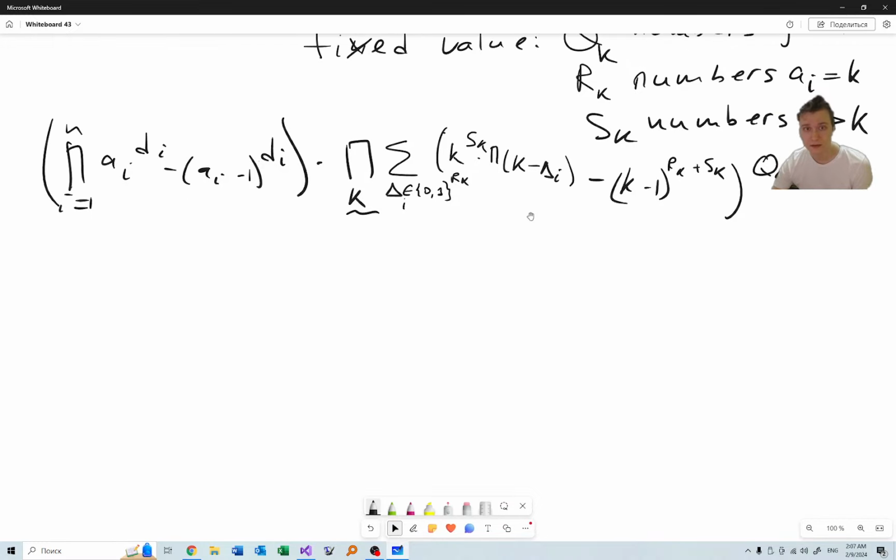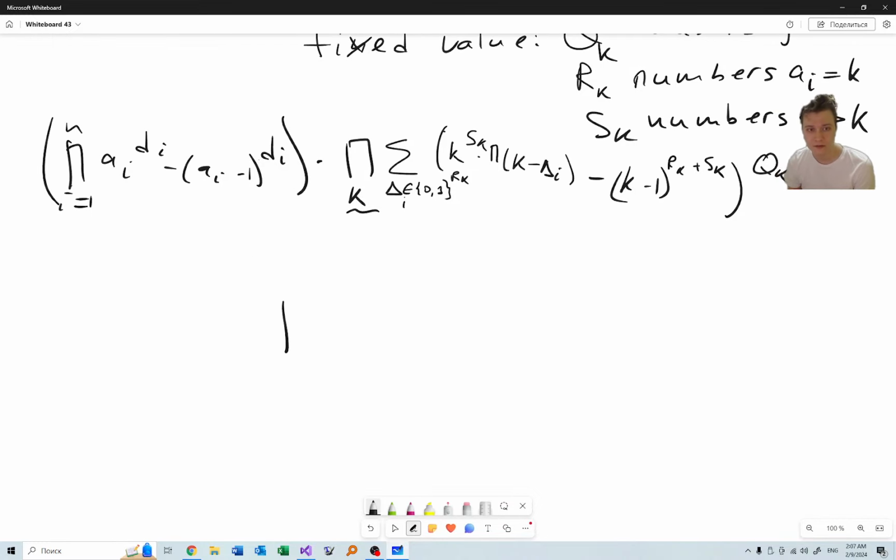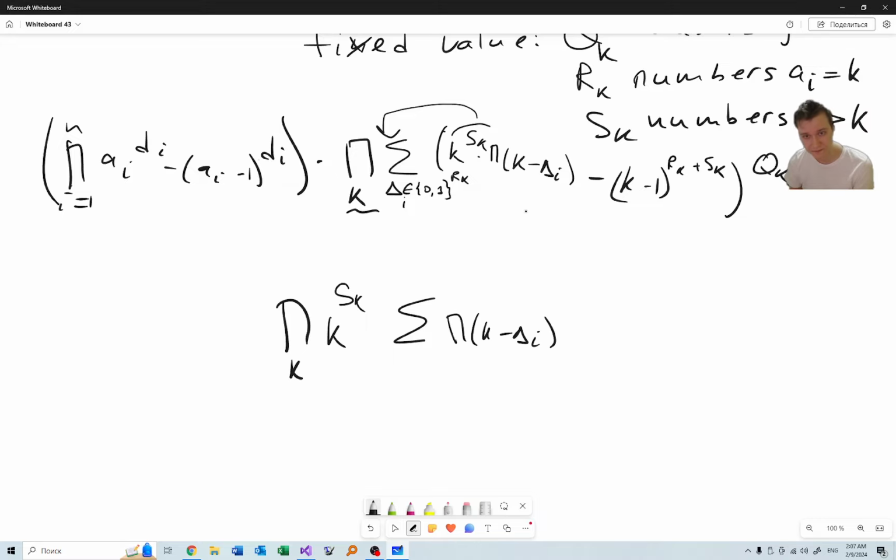Okay, let's think what we do here. So we take the product over all k's. Then we remove this k to the power sk from this summation. Then the summation goes over all products of k minus delta I, which we will consider a bit later.